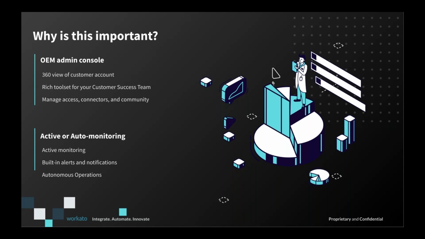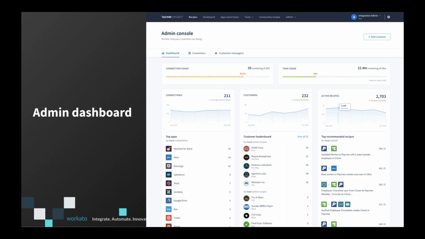So let's look at what the admin console looks like. This is the first landing page screen of the admin console, which is the dashboard. It gives you a high level view and an idea of the health of your product. You can see the number of connections, how they've been growing, the number of customers, as well as the active recipes they have.